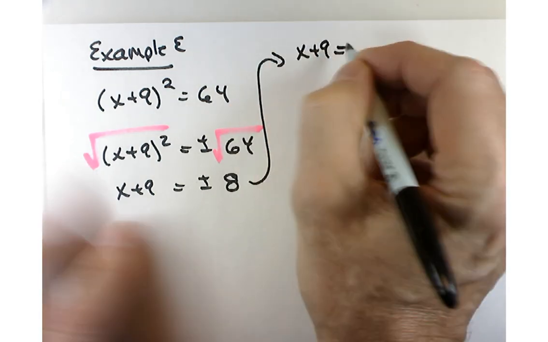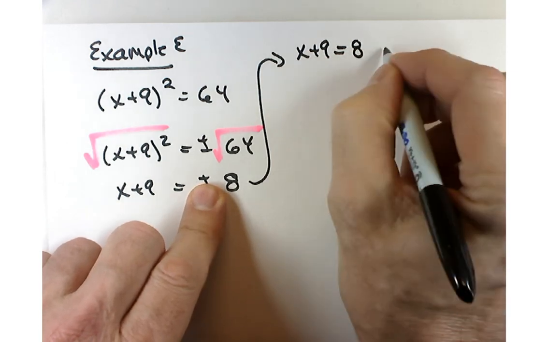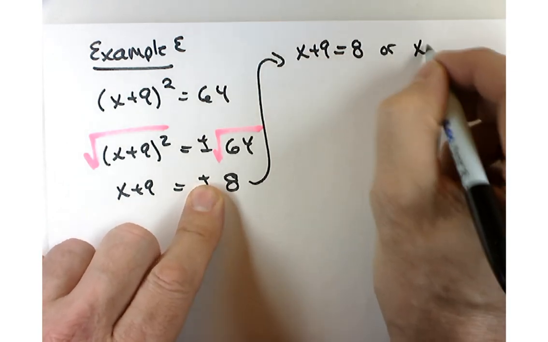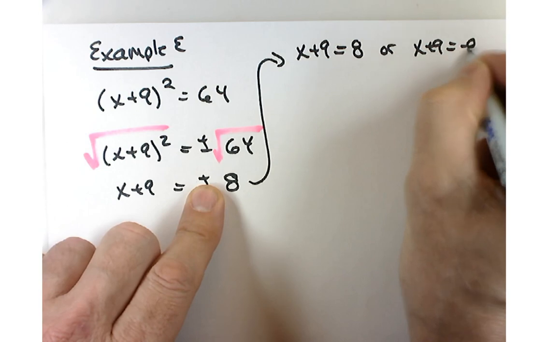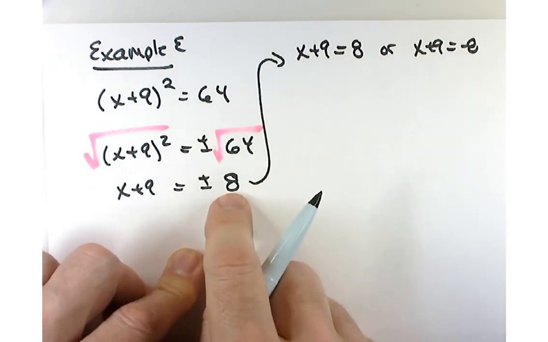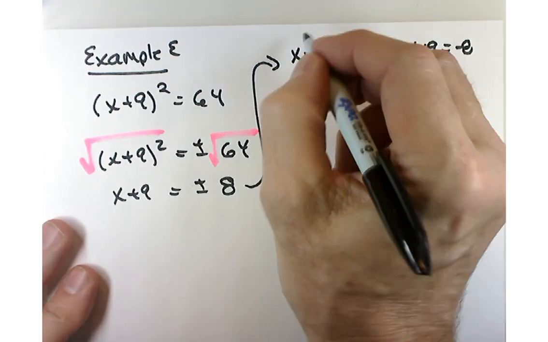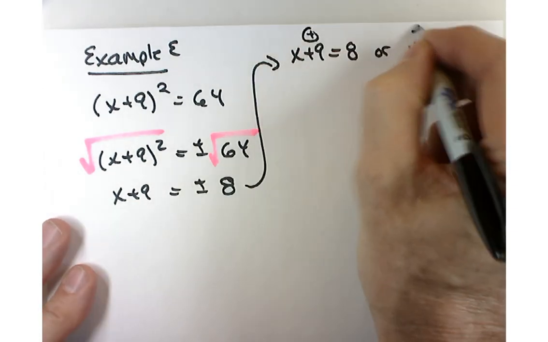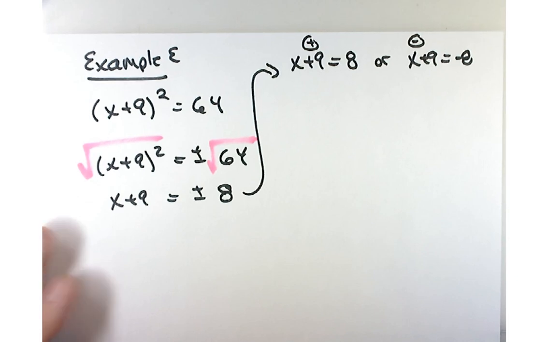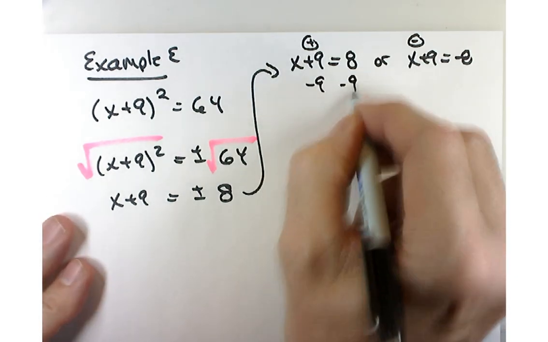x plus 9 could equal positive 8, or x plus 9 could equal -8. Notice we're changing the 8 on the right-hand side. You're not changing the sign in between these things. So you've got the positive case and the negative case. When you solve these, you're going to do the same thing on both sides.